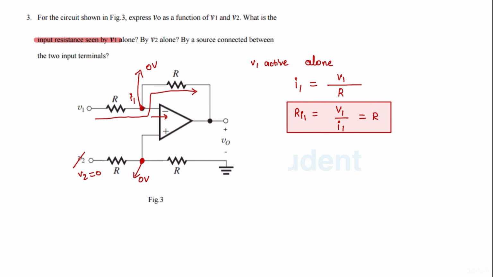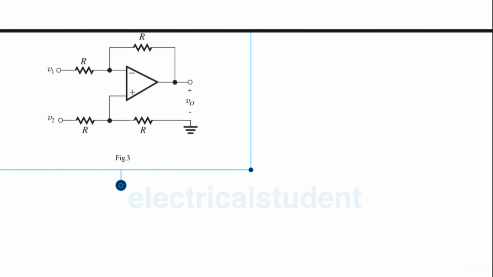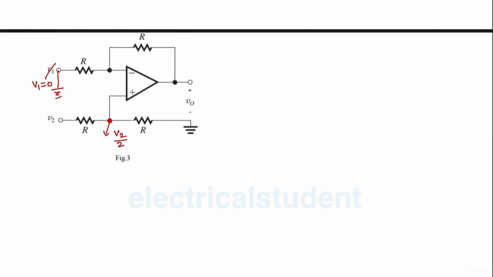Now let's check what is the input resistance seen by V2 alone. In this case, let's nullify V1, so V1 is equal to 0, so it will be grounded here. In this case, as usual, this voltage must be V2 over 2 as we calculated earlier. So this current is now I2.